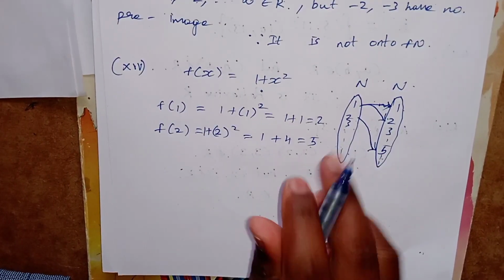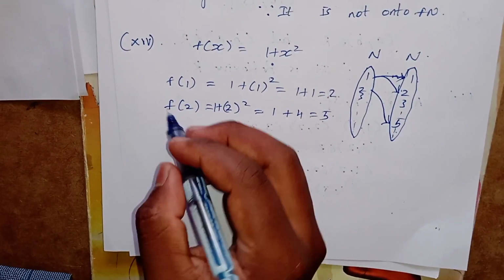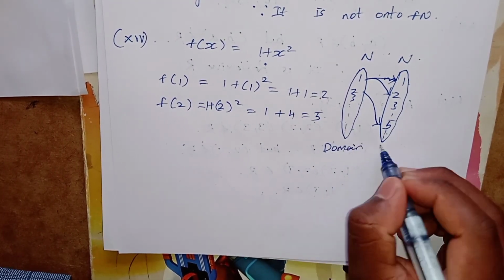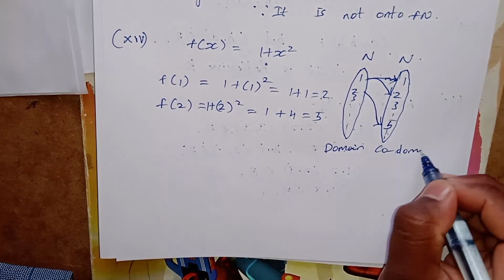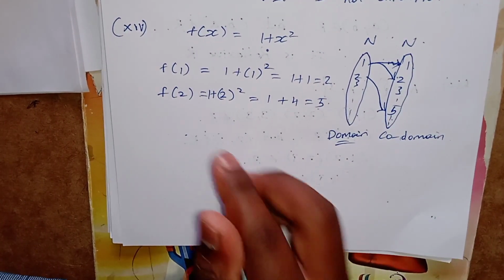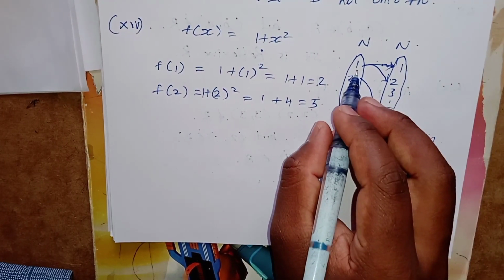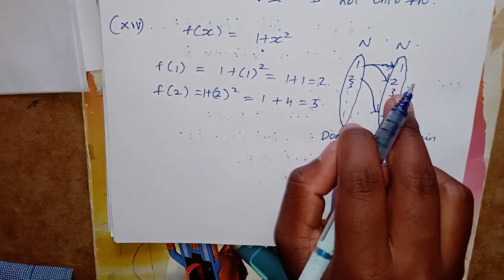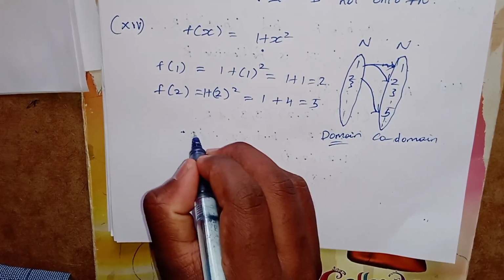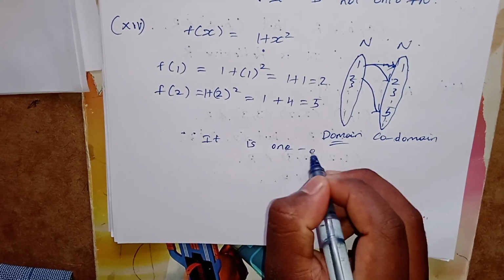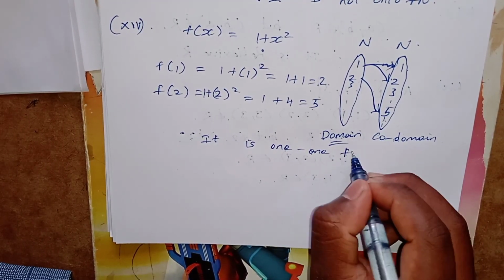Therefore here it is domain, codomain. Okay, for checking whether it is a 1 function, we should see the domain. Here it is 1 to 1 because every pre-image has its own image, therefore here it is 1 function.